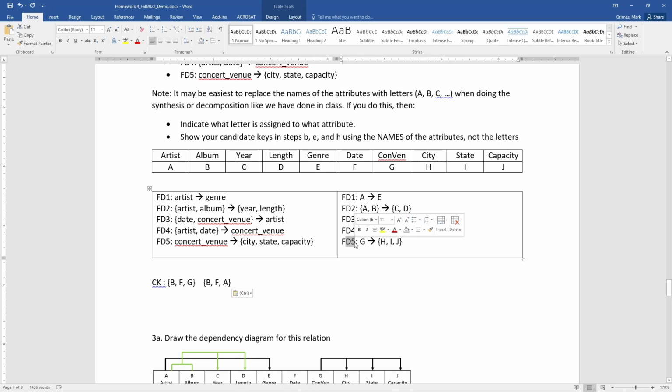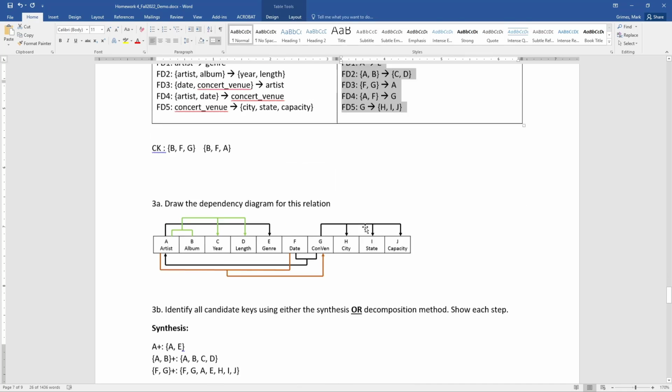Now for functional dependency 5, G is part of a candidate key, and it is functionally determining three non-key attributes, H, I, and J. So we actually have three partial dependencies here.